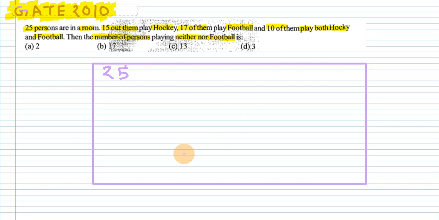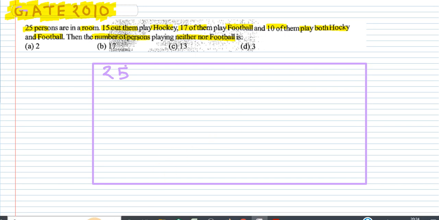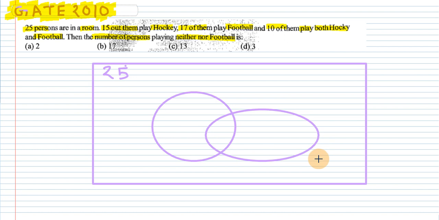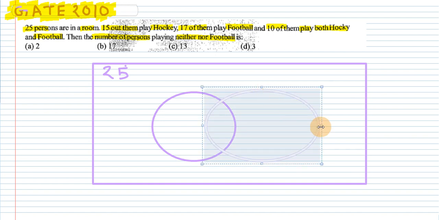So we will draw two circles, one representing hockey and one for football, but there should be an intersection. Let me correct it. Okay, now it looks fine.